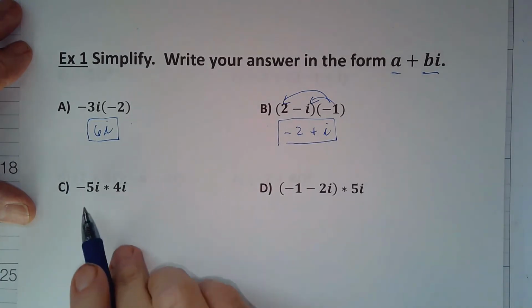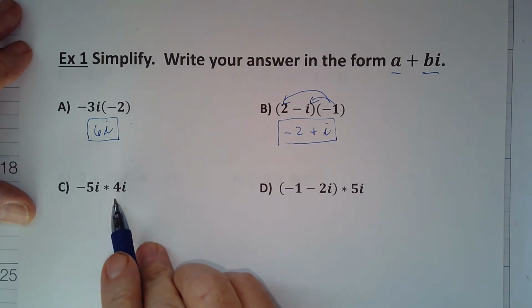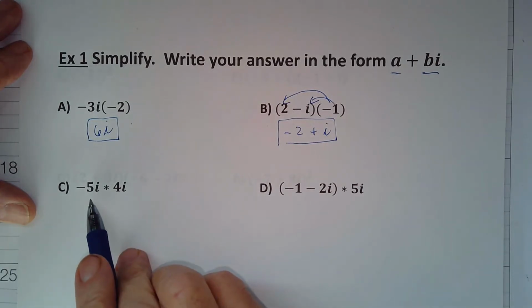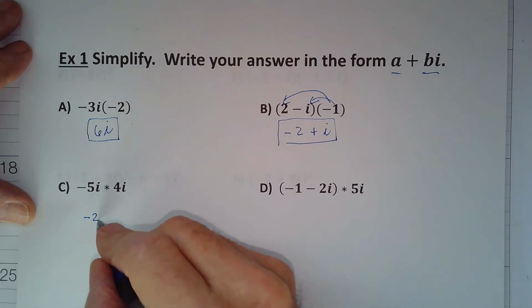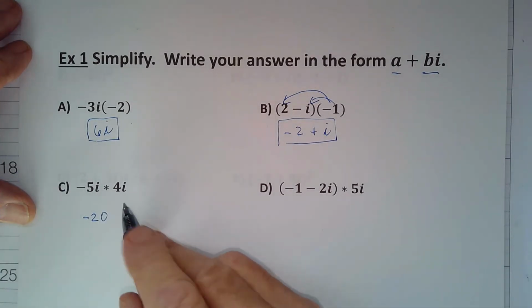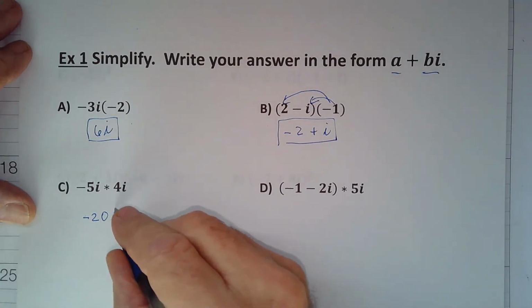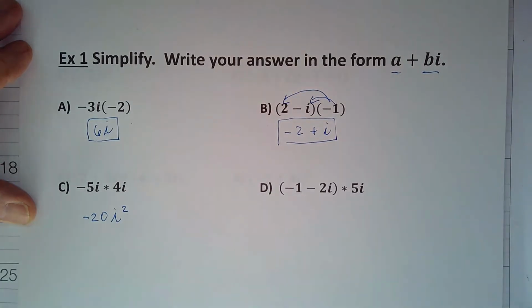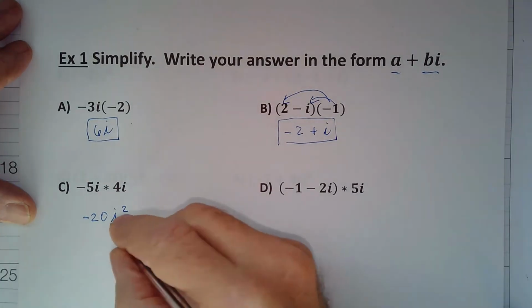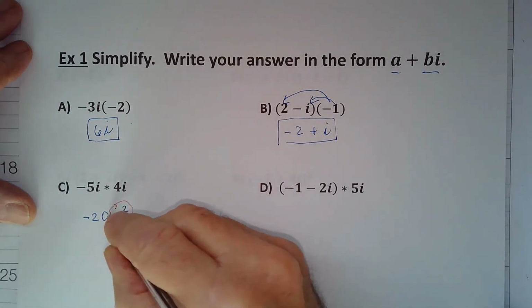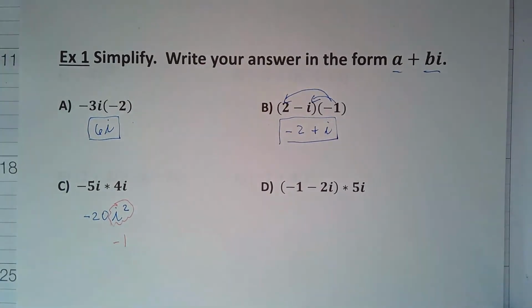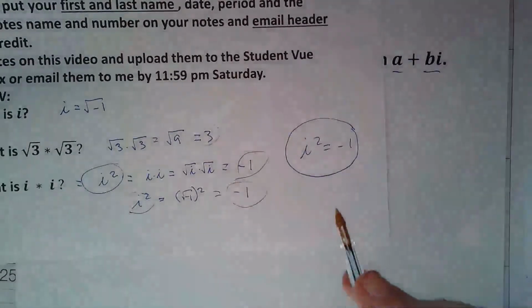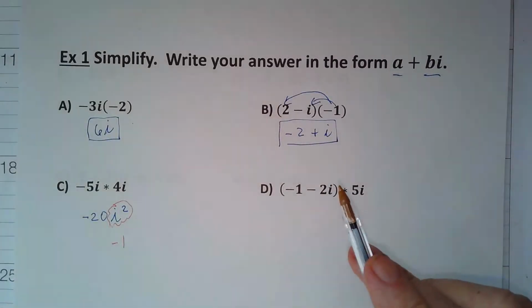So here we go. Here's the next one. This is negative 5i times 4i now. So negative 5 times 4 is going to be negative 20. But i times i is i squared. Oh, okay. So this is i squared. What is that really? That's really negative 1, because we said over here that i squared equals negative 1.